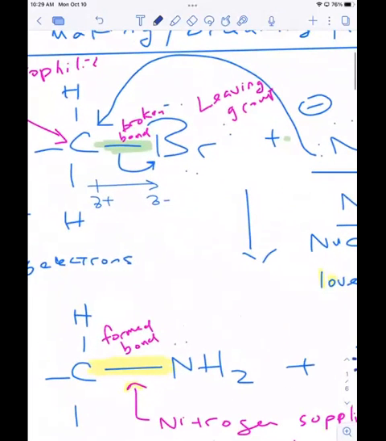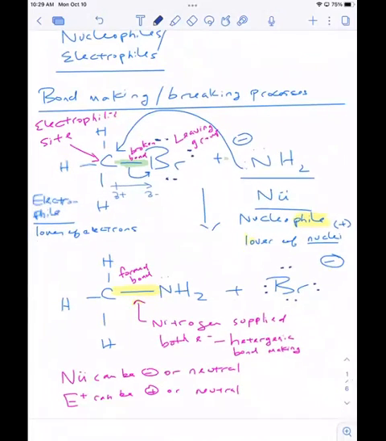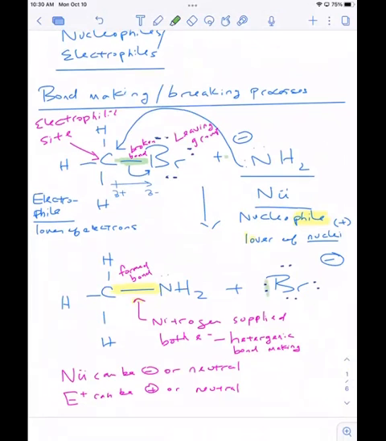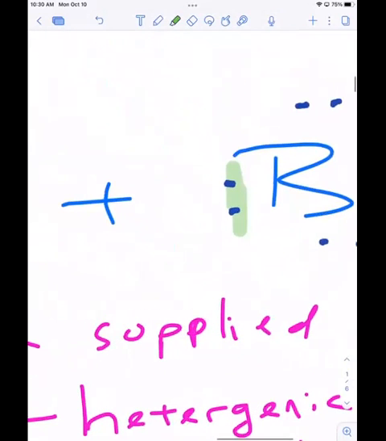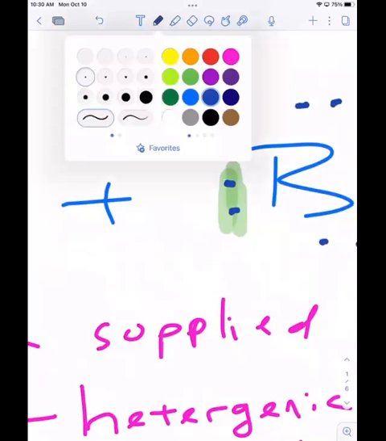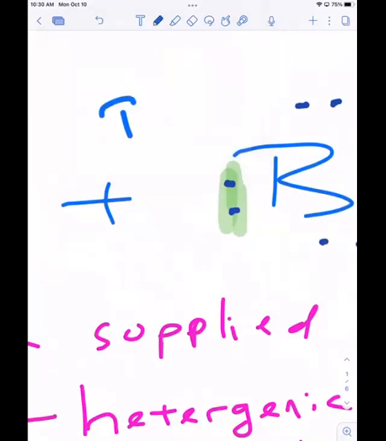Right up here, bromine had 3 lone pairs around it. Down here it has 4 lone pairs around it. So where did the electrons go when I broke the bond? Bromine. I'll highlight what electrons from the broken bond are here.